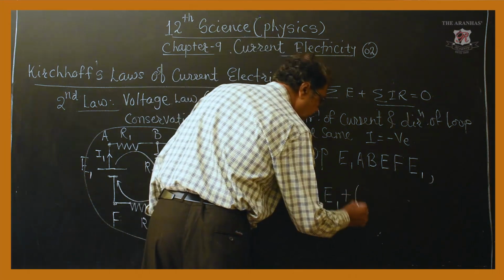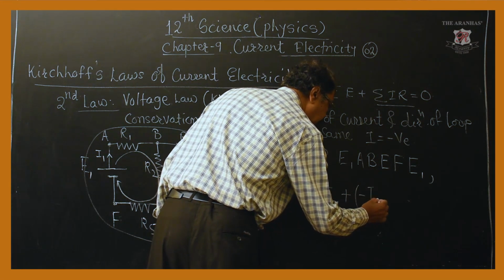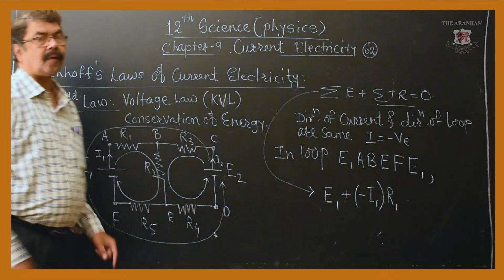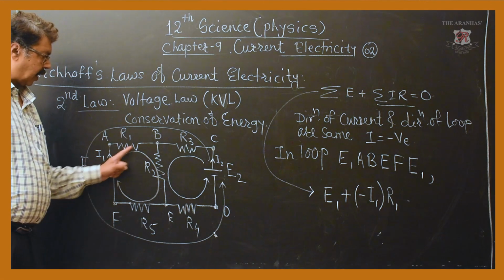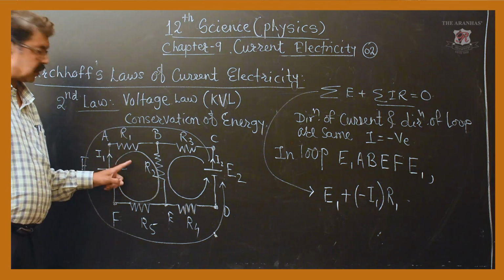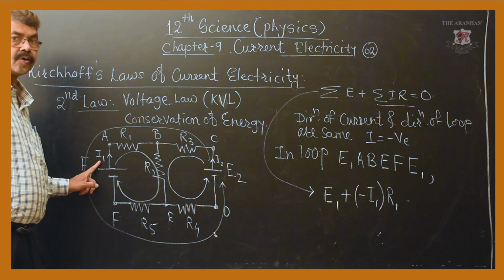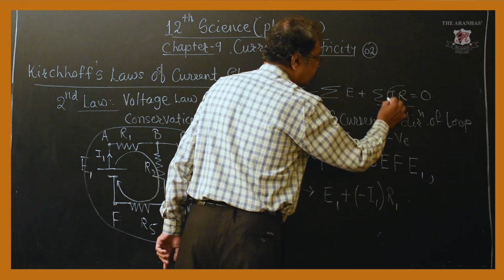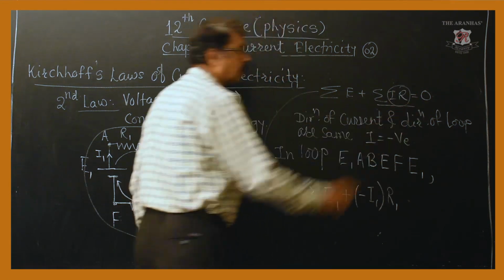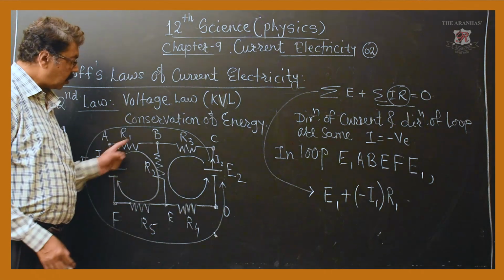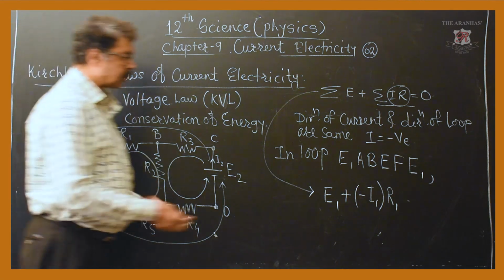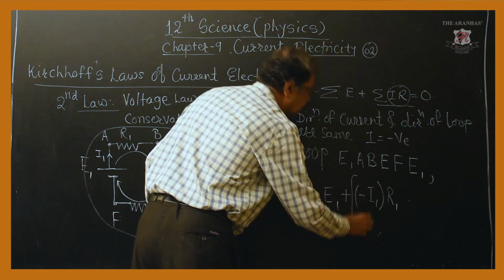So I will write minus I1 into R1. Have you followed? Just check. The direction of current and the direction of loop are the same, therefore the current has to be taken as negative. And this term is saying, find the product of current and resistance in the loop and add them. So this is going to be the second part.